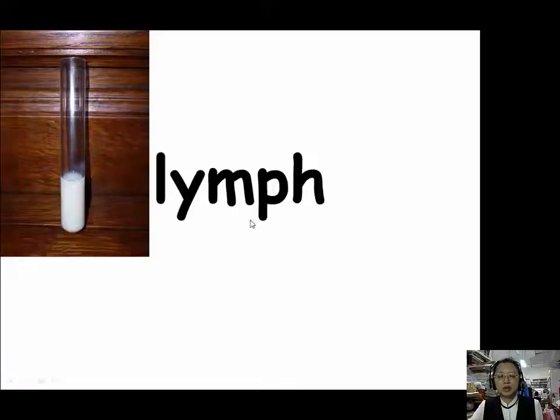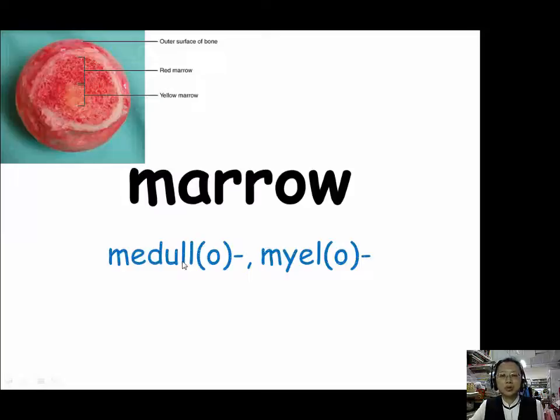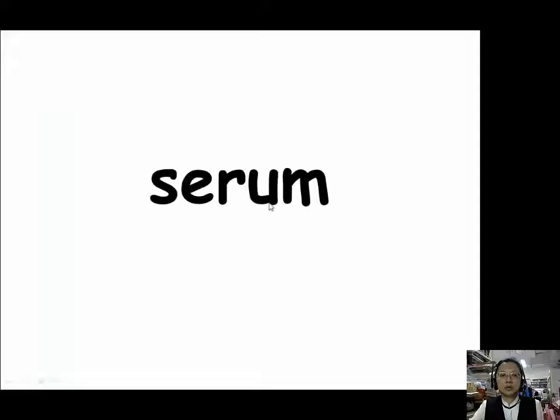For lymph, we use the prefix lympho, L-Y-M-P-H-O. For marrow, we use two prefixes, medullo, M-E-D-U-L-L-O, and myelo, M-Y-E-L-O. For serum, we use two prefixes, orrho, O-R-R-H-O, and sero, S-E-R-O.